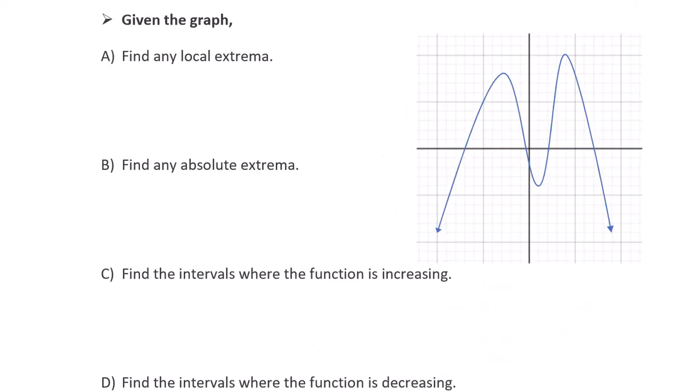With this last example, we're given a graph and we're to find local extrema and absolute extrema first. Local extrema is any place where you see kind of a high or a low point. It doesn't have to be the highest, it doesn't have to be the lowest. It just has to be some place where you see a little high in its little neighborhood of points.